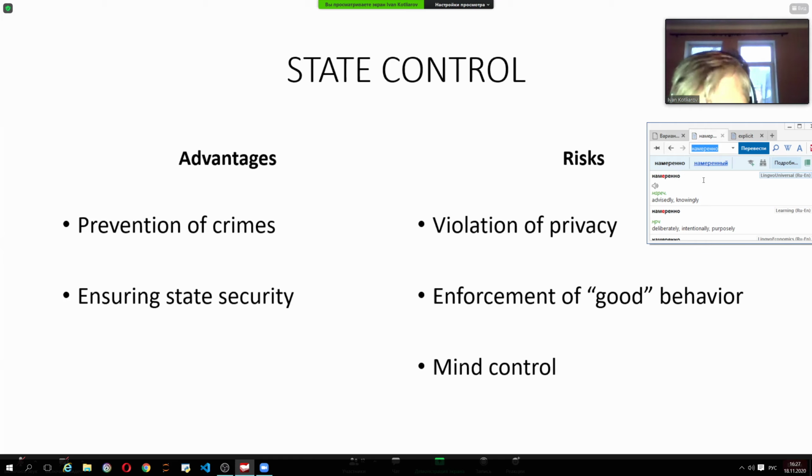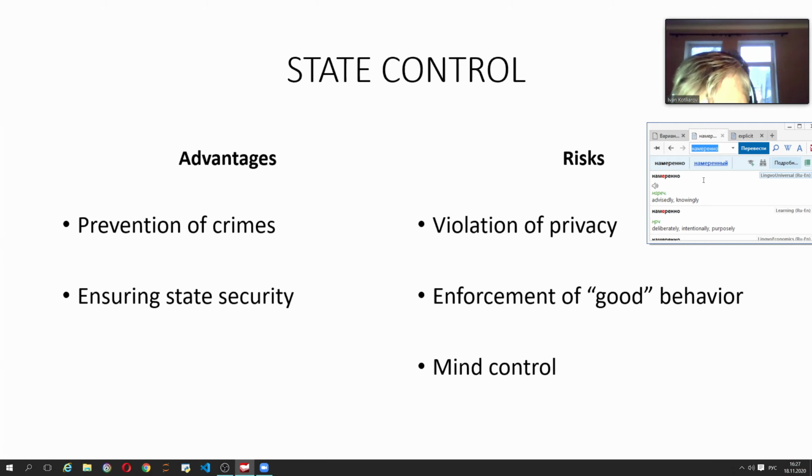It is intervention in our personal life. It is the problem that our privacy will not exist anymore, to put it frankly.